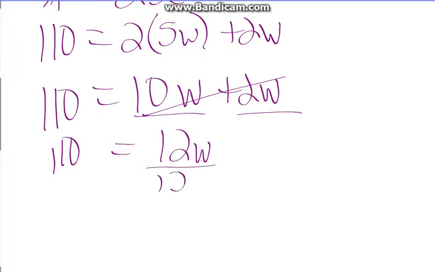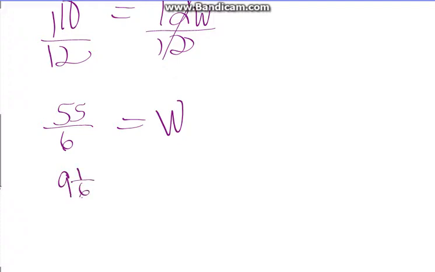And when we divide each side by 12, we get w equals 110 twelfths, or let's simplify it to 55 sixths. And 6 goes into 55 9 times with 1 sixth left over.